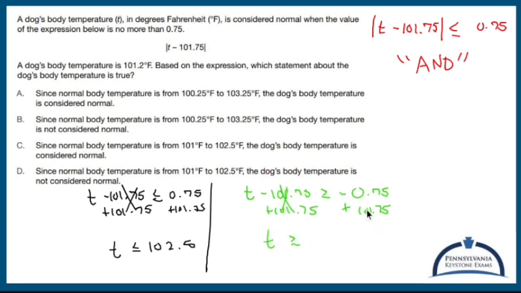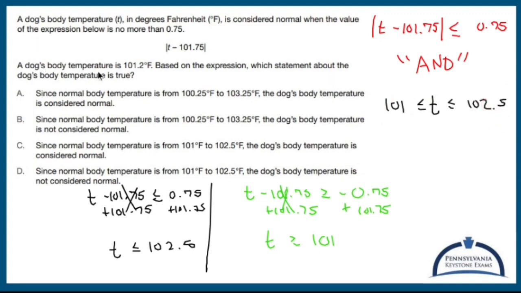T is greater than or equal to 101. So this is an AND statement. So if I'm going to say t is less than that number and also greater than that number, then I'm going to put t right in the middle of everything. I'm going to put less than or equal to's, and I'm going to make it an in-between where 101 is on the left and 102.5 is on the right.